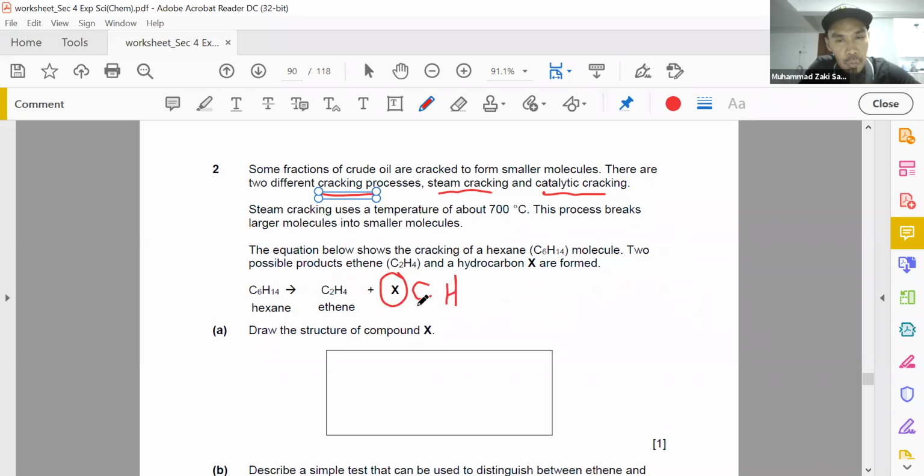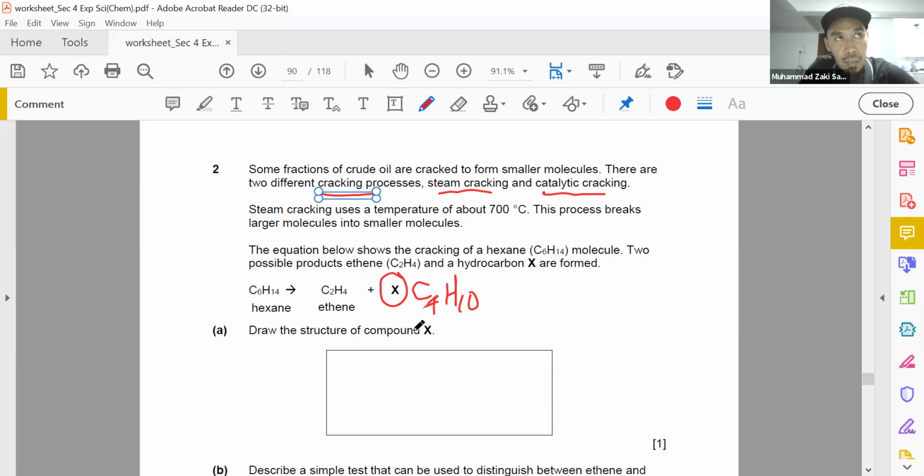To find out how many carbon and how many hydrogen are in X, you have to minus off the numbers here. Let's look at the carbon, 6 and 2. So this one should be 4. And how about the hydrogen? Should be 10.